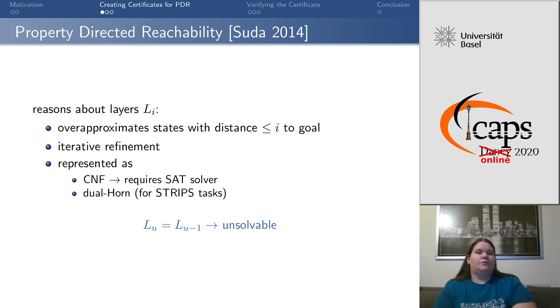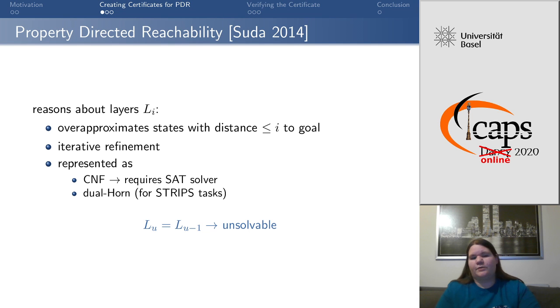We decided to try to bridge this gap by looking at a non-traditional SAT solver, a SAT-based algorithm called property-directed reachability. This algorithm reasons about layers Li, which over-approximate states within a certain distance to the goal. These layers are then iteratively refined.